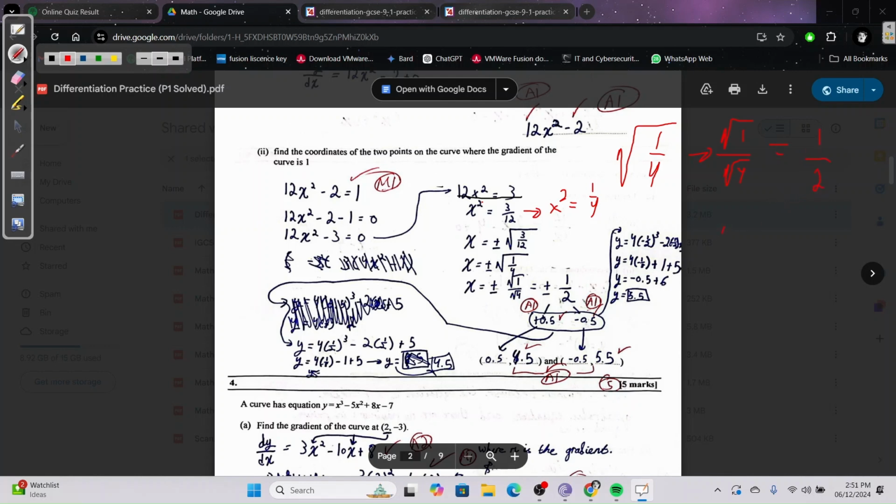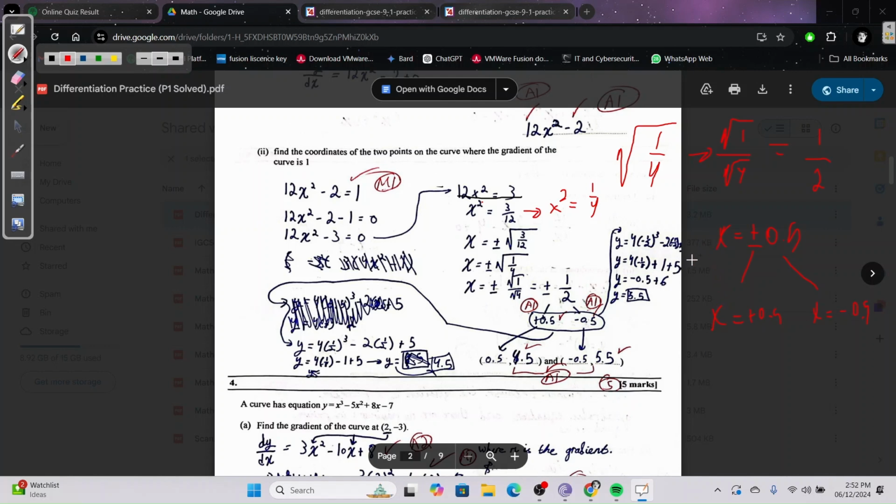So x can be positive or negative 0.5, because remember 0.5 is 1 over 2. Okay, now you split this up. So x can be positive 0.5 or x can be negative 0.5.